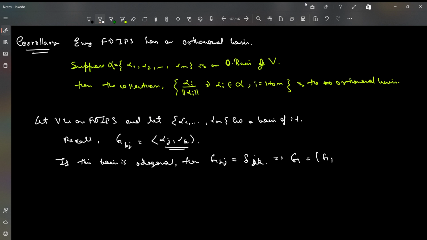That means the matrix G, which is formed out of these elements G_kj, is nothing but the identity matrix, right? Because delta jk will be equal to 1 if j is equal to k. Suppose this is an orthonormal basis. I mean to say it's an orthonormal basis, not merely orthogonal.